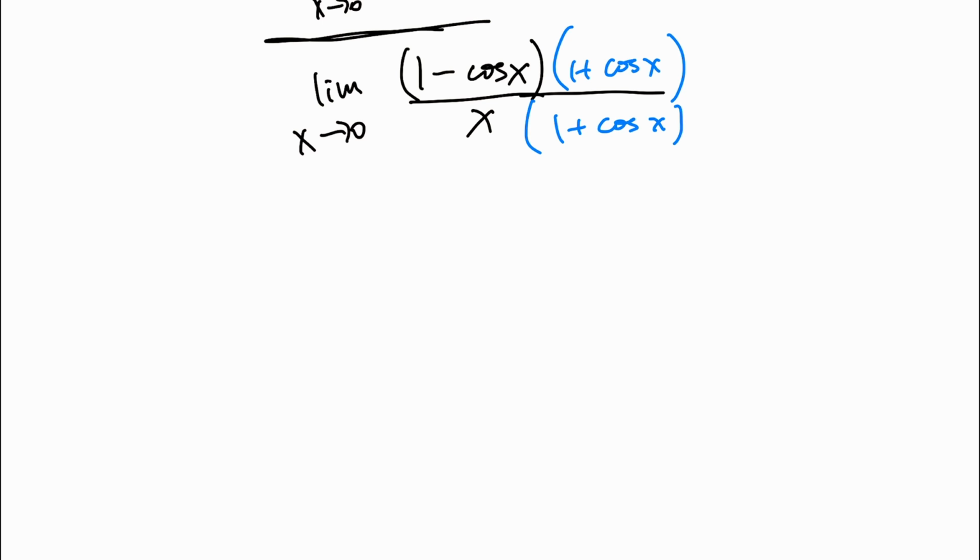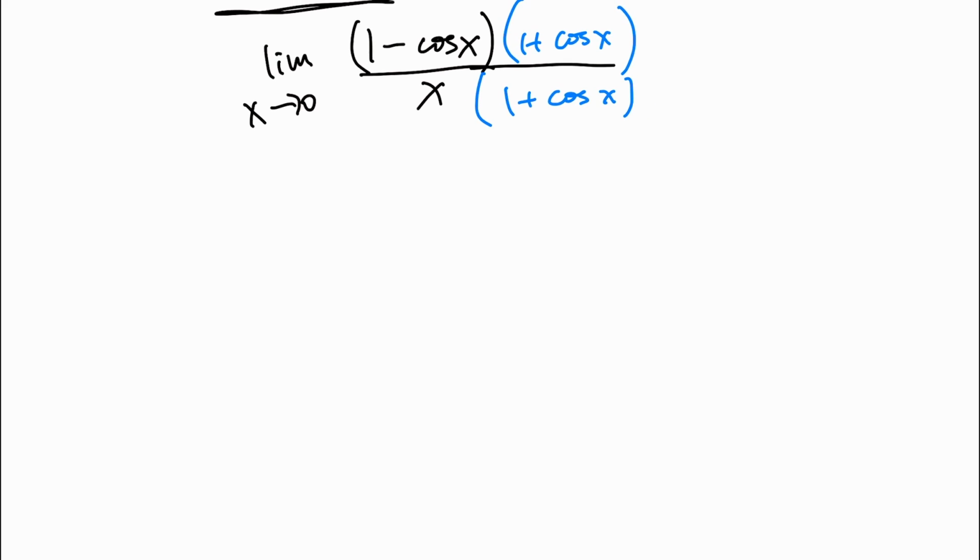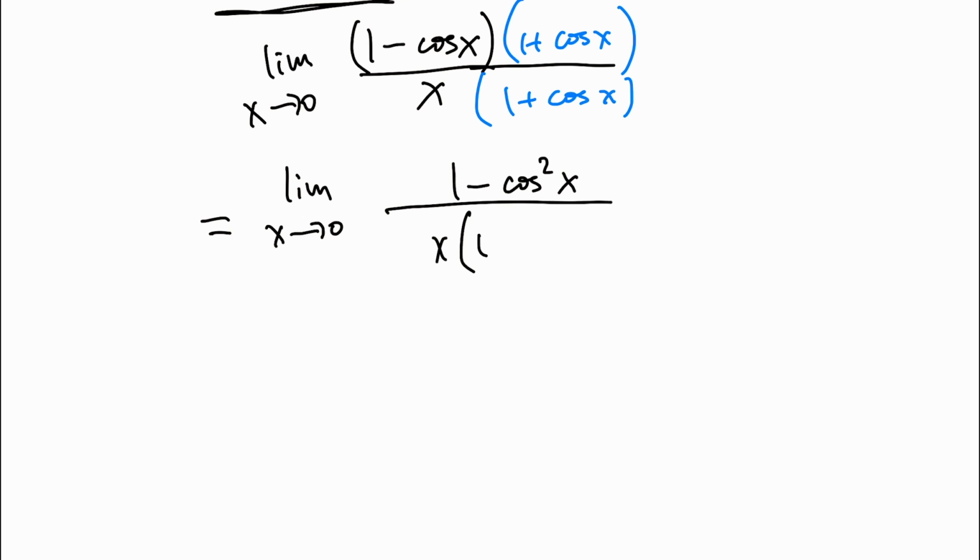If we do that, using the difference of squares, this is the limit as x approaches 0 of 1 minus cosine squared of x, and the denominator is still x times 1 plus cosine of x.